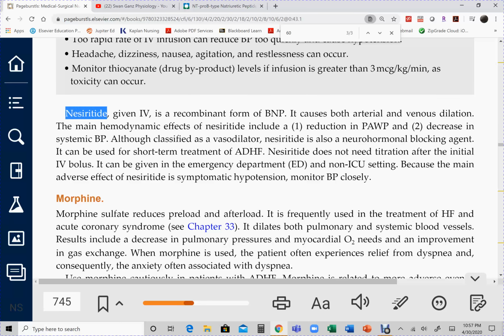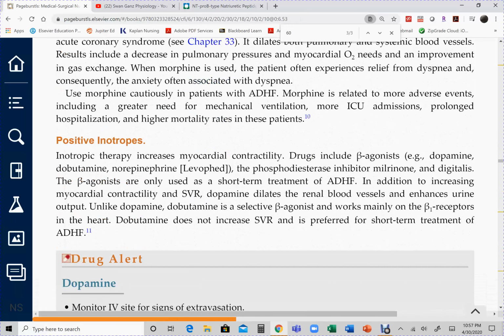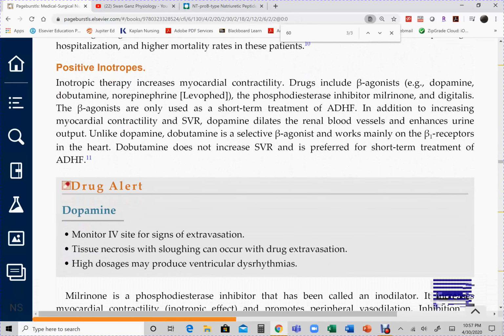Nesiritide, this is the recombinant form of BNP, as I already mentioned. We have morphine, positive inotropes. These are drugs that increase contractility. The warning here, especially for dopamine, is besides extravasation, these drugs, although they lower heart rate while increasing the contractility of the heart, by doing so, remember that the stronger the heart contracts, the higher the oxygen demand and the higher the oxygen consumption.